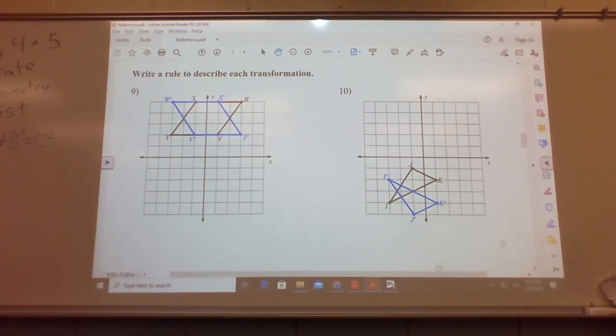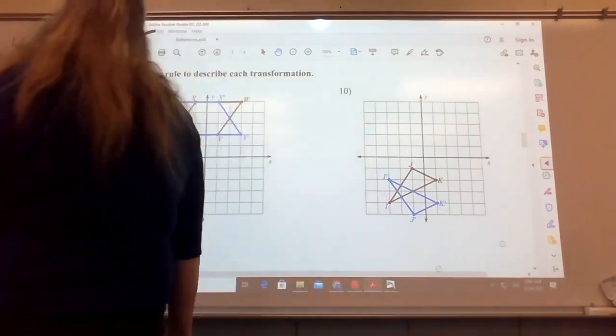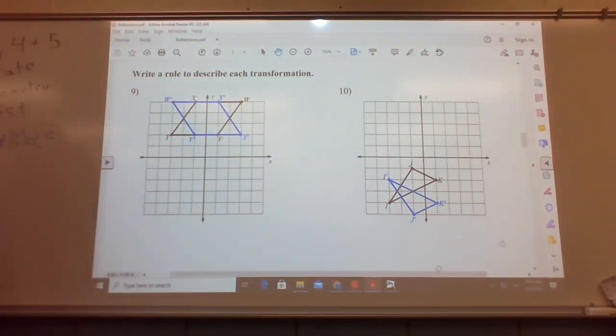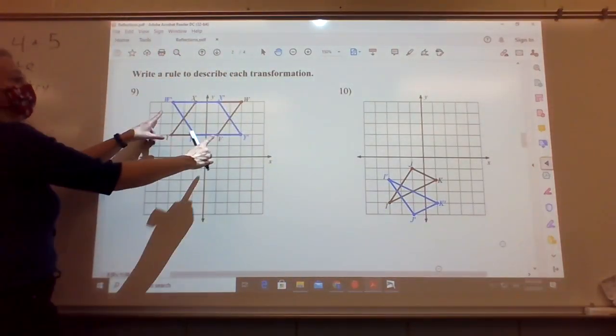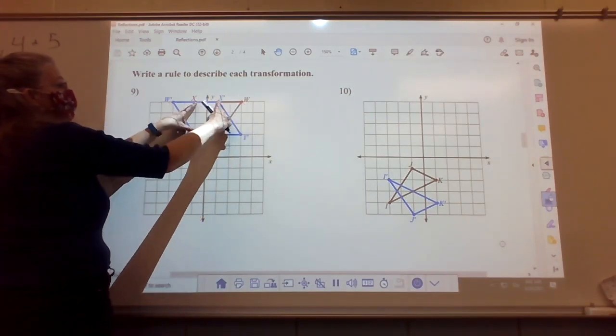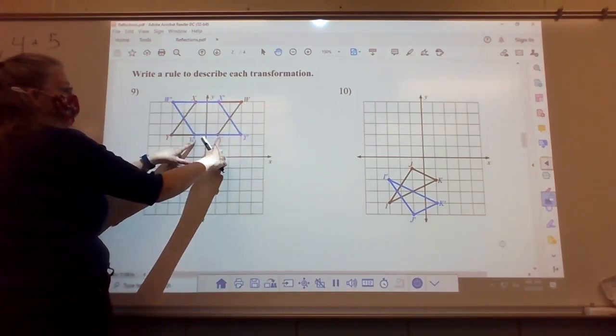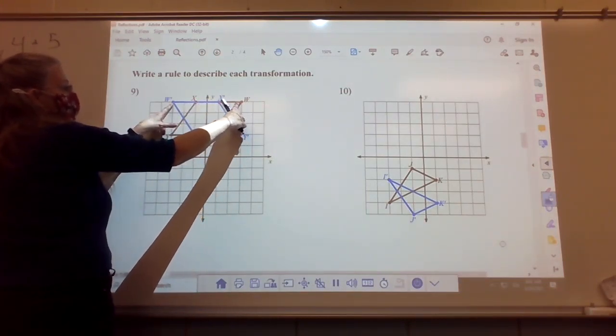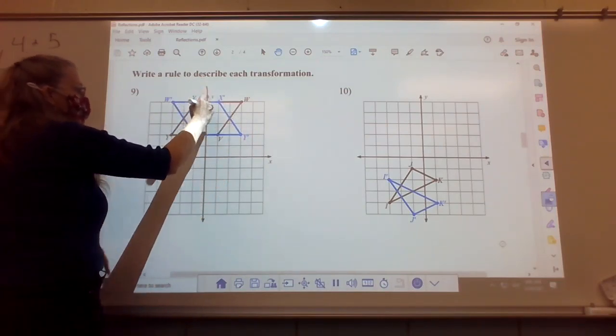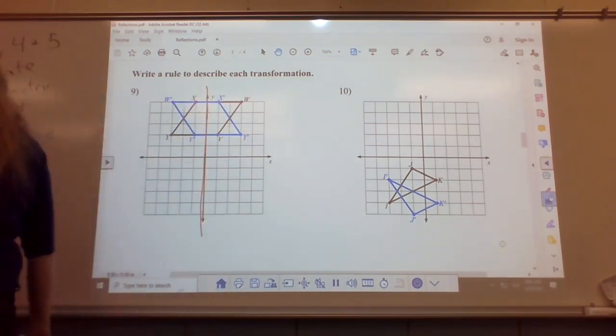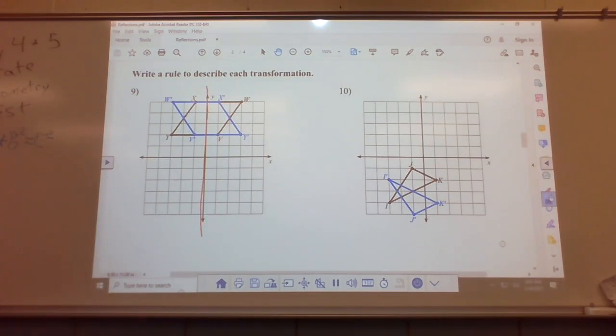So number 9, I've got my shape here. I mean, it's kind of sitting on top of each other, but if you find the same letter, and it doesn't matter which letter you find, you can look at the W's, the X's, the Y's, the B's, but if you notice, you want to go halfway between them. That's your reflection line. So I want you to darken in that line, but you also need to write the rule.